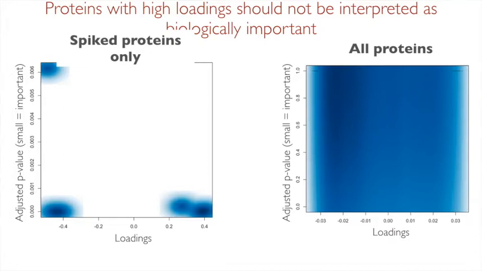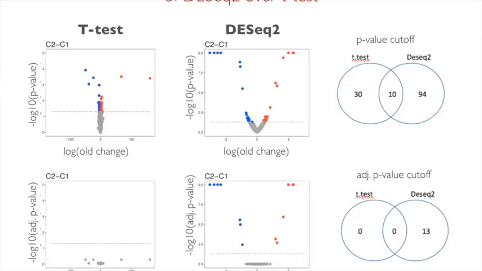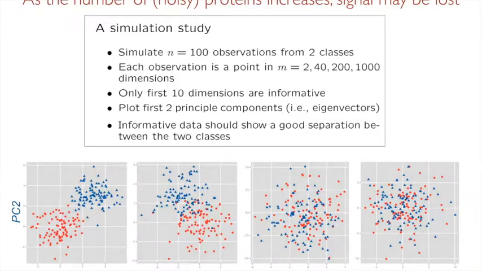And I did this twice, once only for spiked proteins and the other for all proteins. And the p-values are obtained, sorry for the slides, by comparing condition 1 to condition 2, like we had here. So I always compare condition 1 to condition 2.